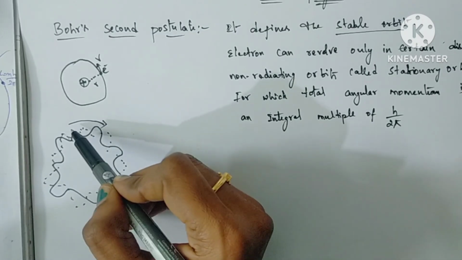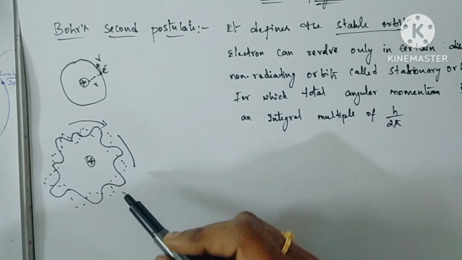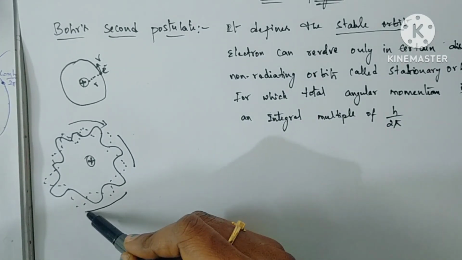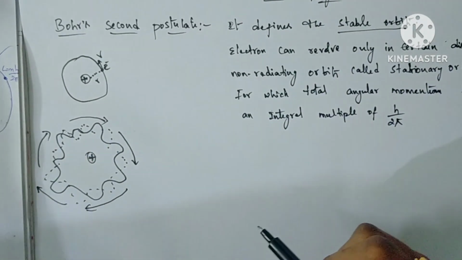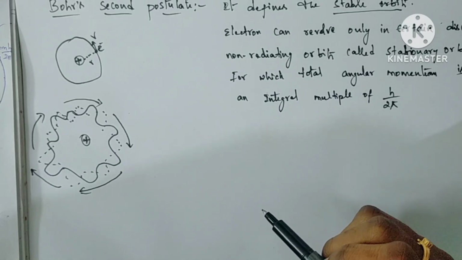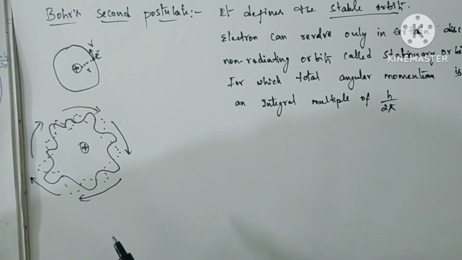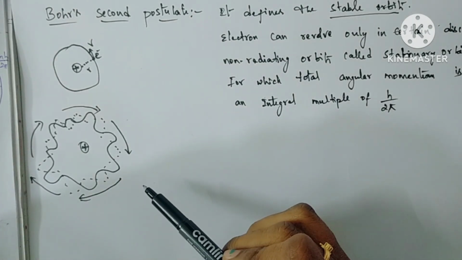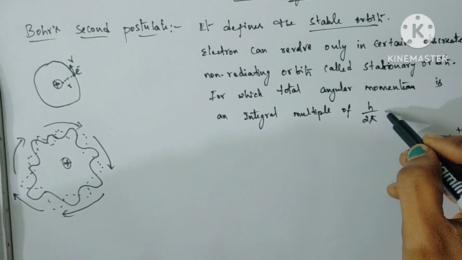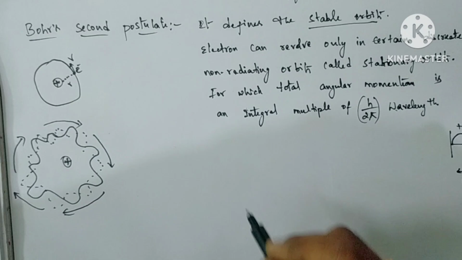This is the distance of one wavelength, and this is the distance of another. Like this we have so many wavelengths for a single orbit. Is it clear? So the circumference of the orbit must be equal to an integral multiple of the wavelength.